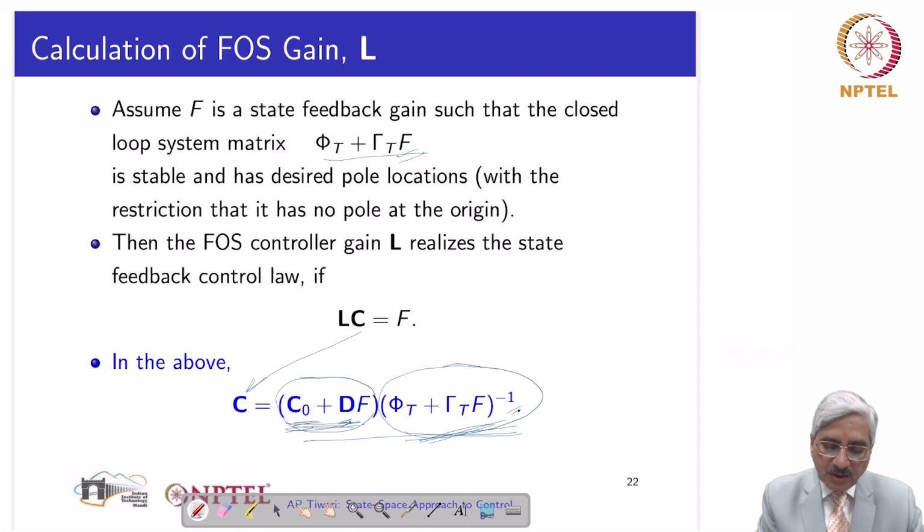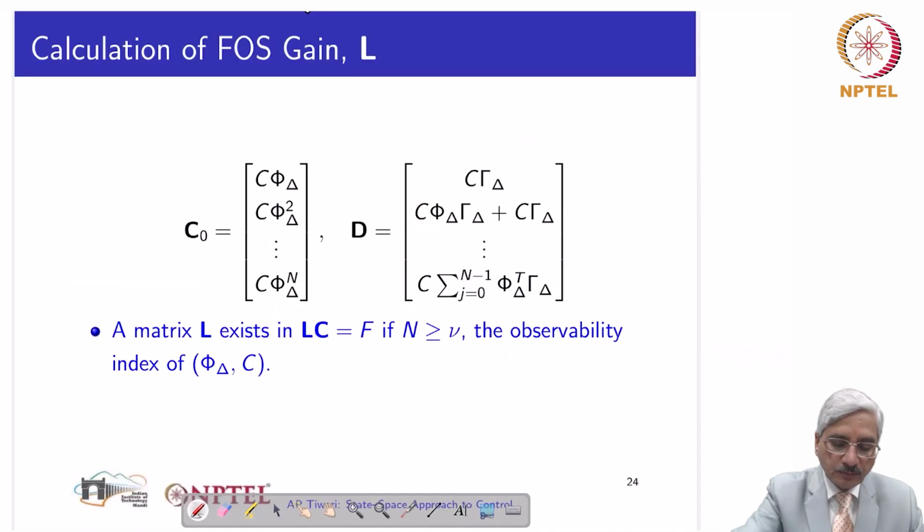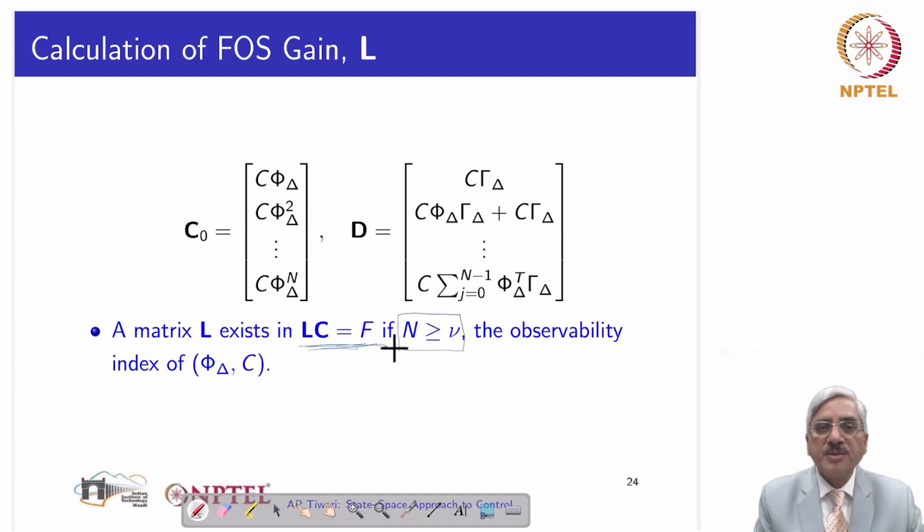So we know this as well as this, and so we know C, and so we can solve for L. So if LC is equal to F, for this solution, the condition is that the number of sub-intervals in T should be greater than or equal to ν, the observability index of the system.